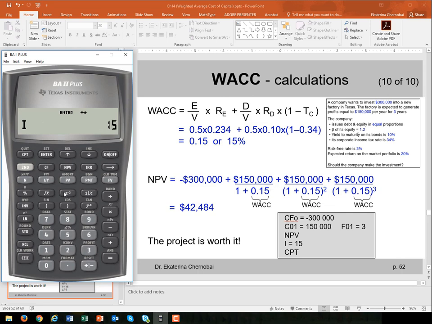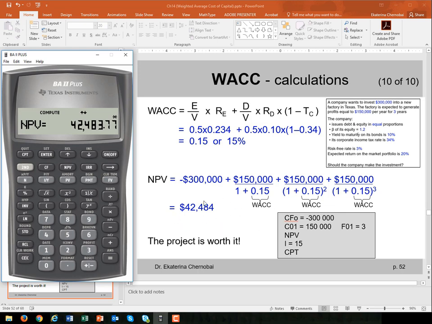I press 15, enter, down arrow key, and the last thing I press is the compute button, CPT. $42,483.77, or approximately $42,484, like I calculated on the slide earlier.